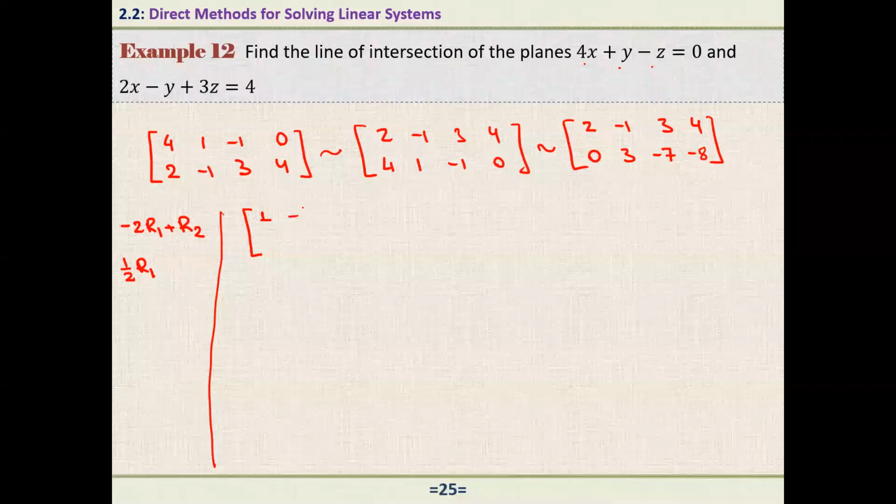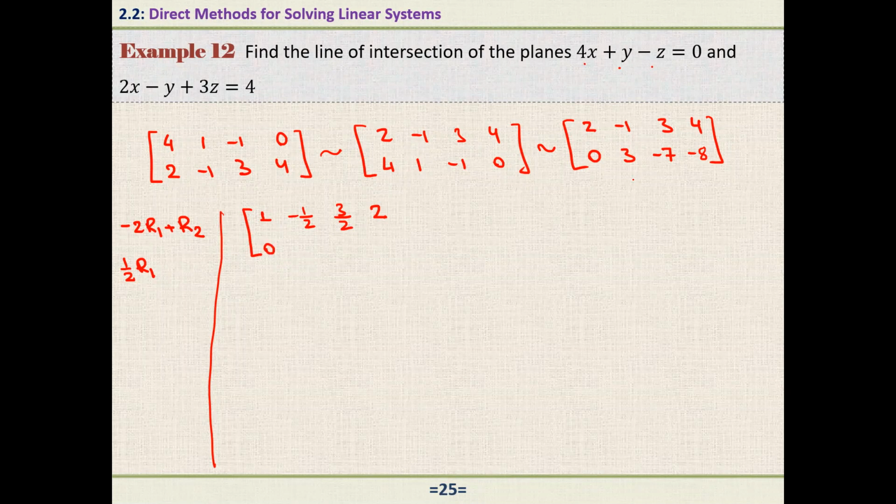And here we have minus 1 over 2, and here we have 3 over 2. And 1 over 2 times 4 is equal to 2. And here we have 0. And here multiply by 1 over 3, 1 over 3 times R2. So here we will have 1, negative 7 over 3, and negative 8 over 3.